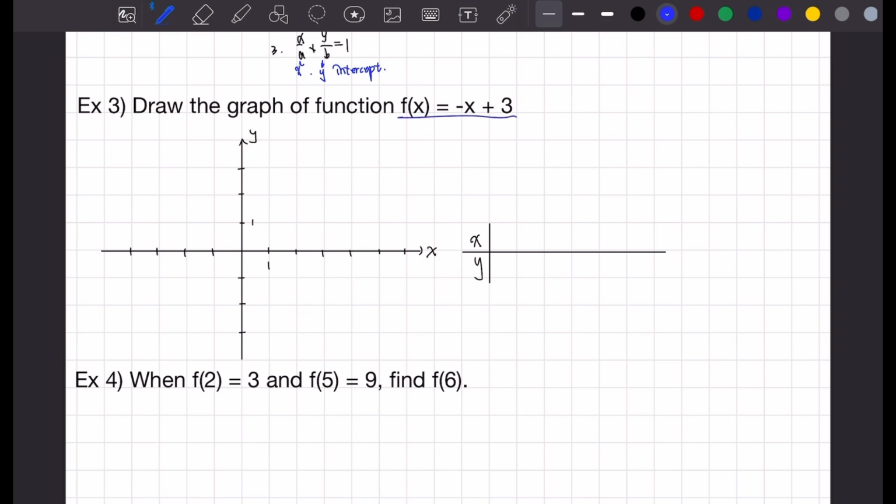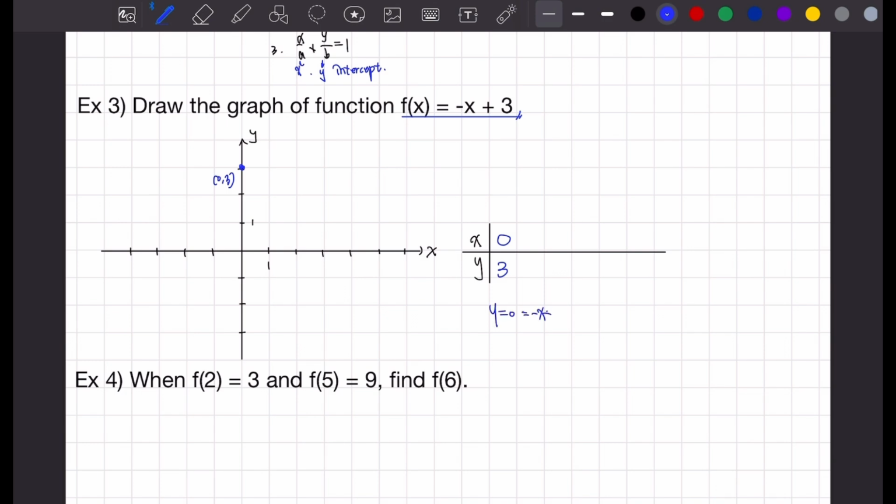In number 3, there's a linear function y equals negative x plus 3. We have to draw this function, and we can find f(0) first. It's the easiest one. f(0) is the y-intercept, which is equal to b. In this function, this value is 3. So we draw this point (0, 3) here.